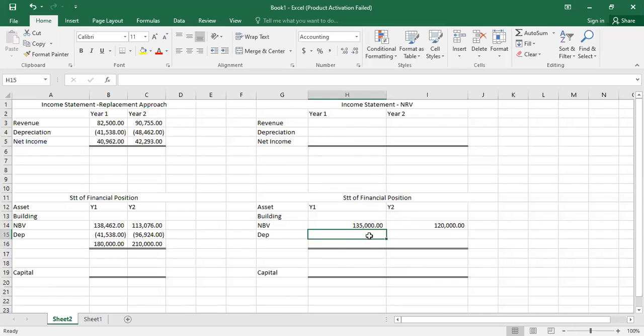Can you get the depreciation? For the net realizable value, it is very easy. What was the cost of the asset in illustration 1?